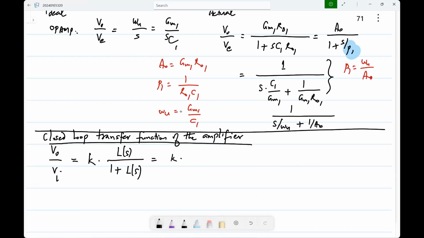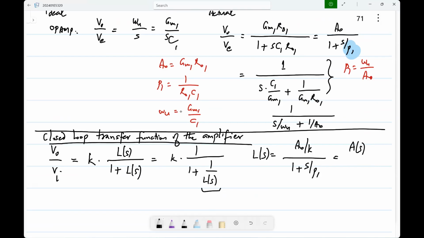It can also be written as K times 1 by 1 plus 1 by L of S. This form is sometimes convenient because L of S has only poles, so the denominator of L of S just appears there. So what is L of S in this case? What is the loop gain? It is A naught by K times 1 plus S by P1, right? It's basically the transfer function of the op-amp divided by K.